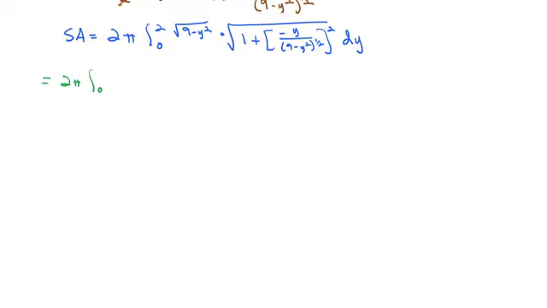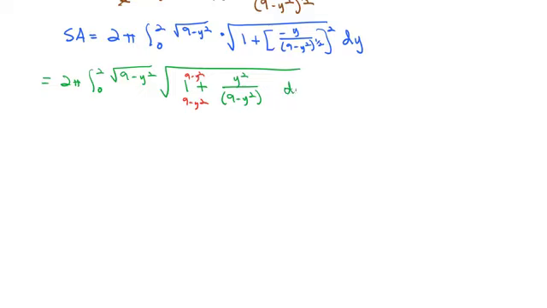So let's work with it. We have 2 pi times the integral from 0 to 2 of the square root of 9 minus y squared times the square root of 1 plus, let's go ahead and square, y squared over 9 minus y squared. Let's do that common denominator thing again by multiplying by 9 minus y squared on top and bottom.